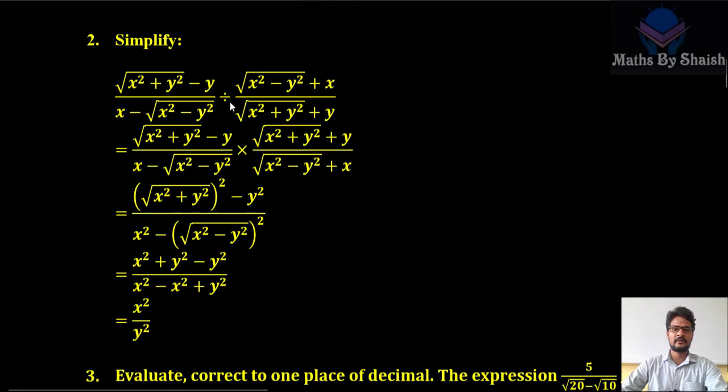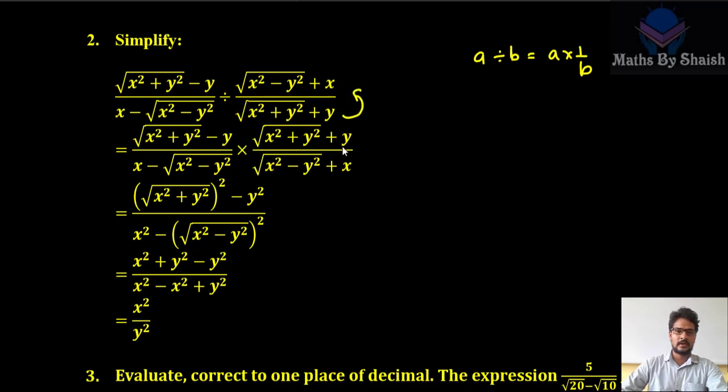Simplify this. There is a division, and we know a divided by b is simply a into 1 upon b, the reciprocal of the other number b. So first we do the division, and this will go in the numerator and this will come in the denominator.